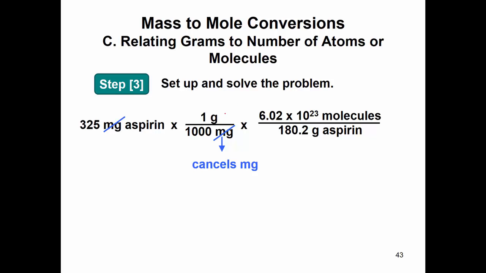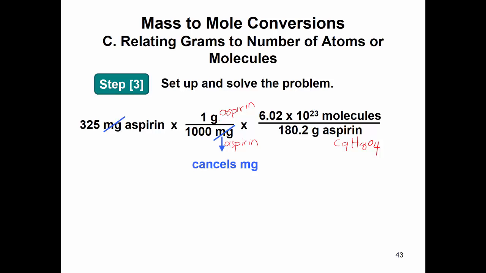Now we have grams of aspirin, C9H8O4. We converted from milligrams to grams because our common relationship is with grams and molecules.